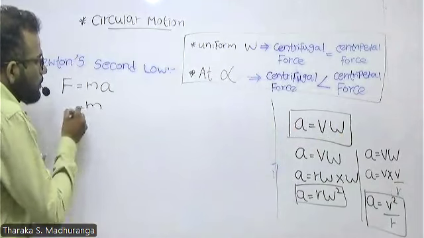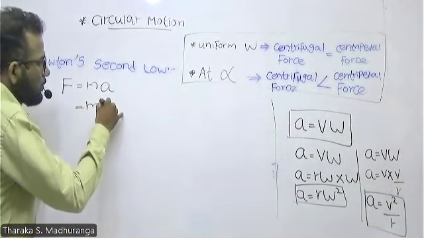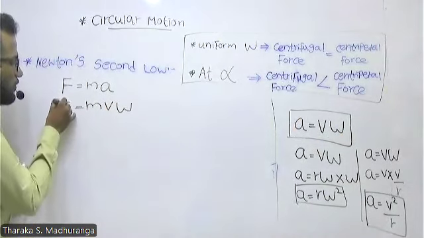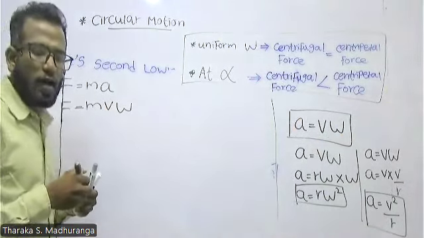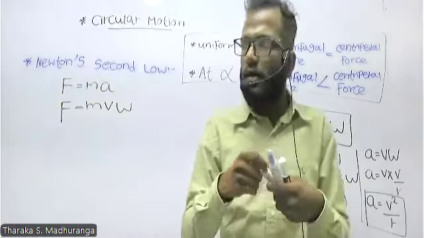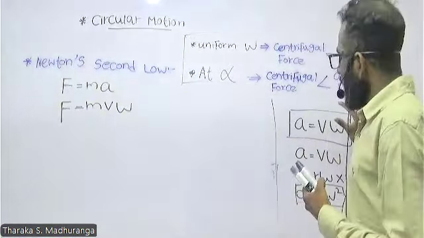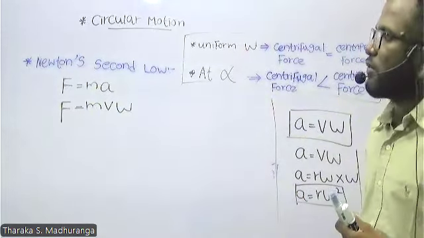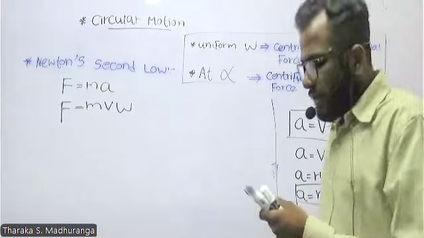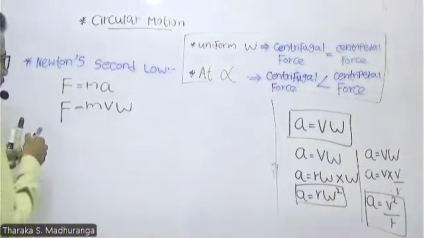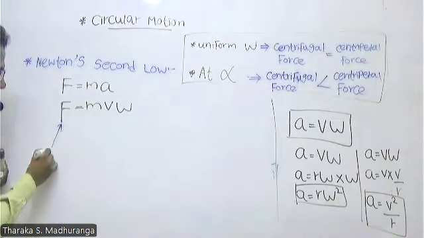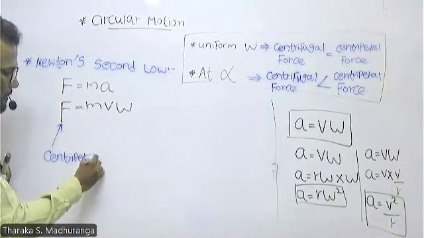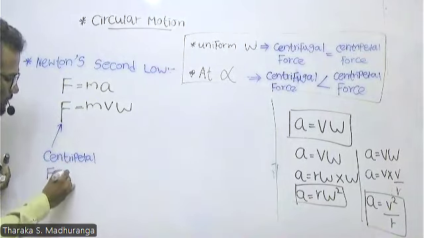Then m v omega. After we substitute centripetal acceleration into Newton's second law, F equal ma, this force we call centripetal force.